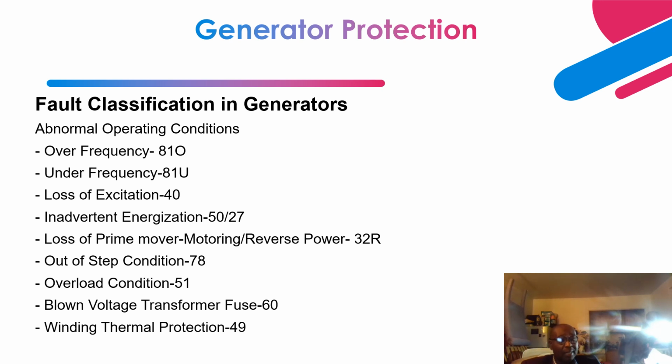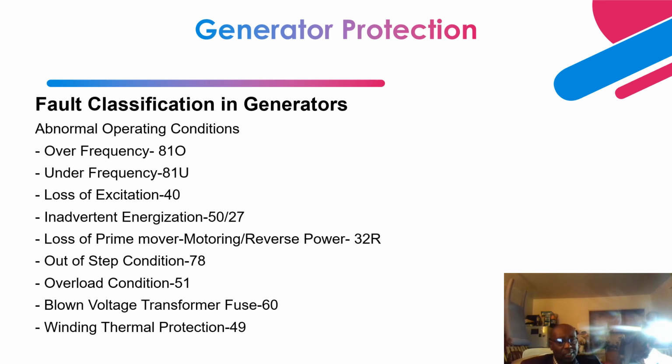As load increases, the frequency goes down. You can also have a changing frequency if there's a fault on the AC network, which can result in an under frequency condition. That is why some utilities have load shedding for under frequency conditions, so that they can stabilize the generator connected to the AC network.